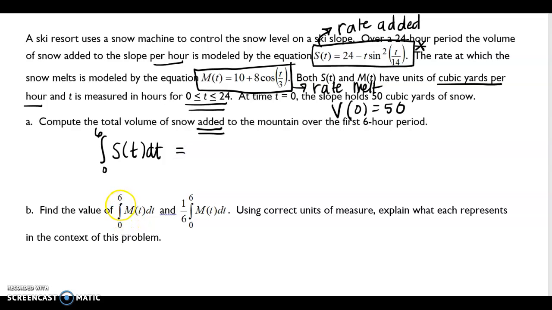So then I'm just going to type that in my calculator. I would probably put this equation in my y1 and this in my y2. And so then I could just integrate from 0 to 6 y1. I would get 142.413. My units there, because this is an amount, and remember S was cubic yards per hour, this is just going to be cubic yards.